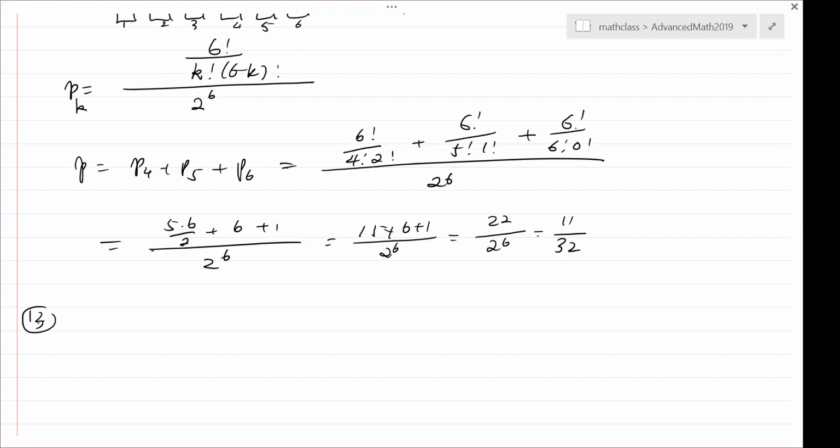And I think all you need is to find the probability that 1 girl gets a product greater than 12.